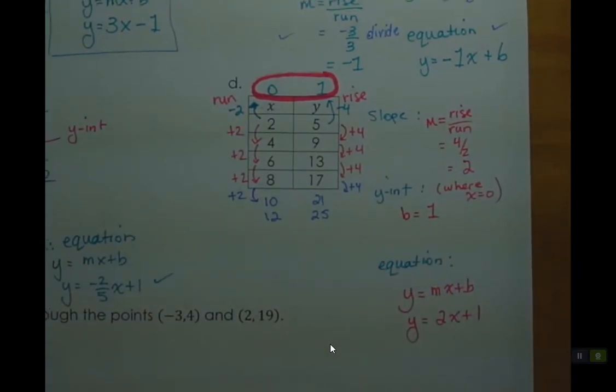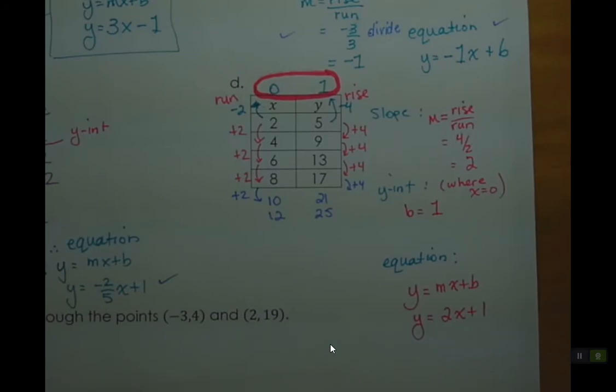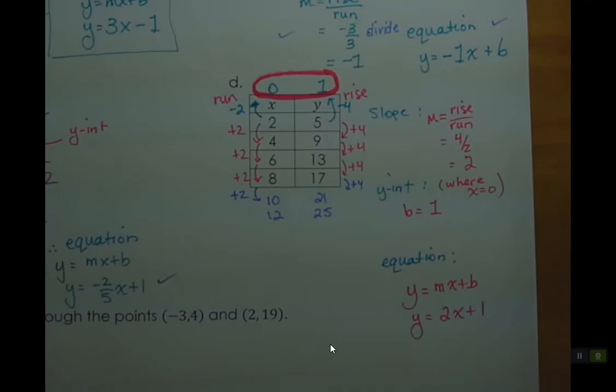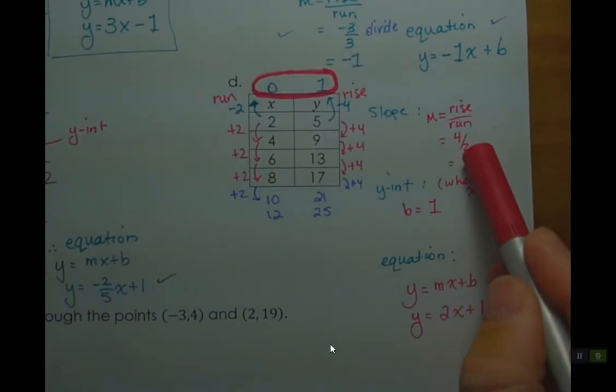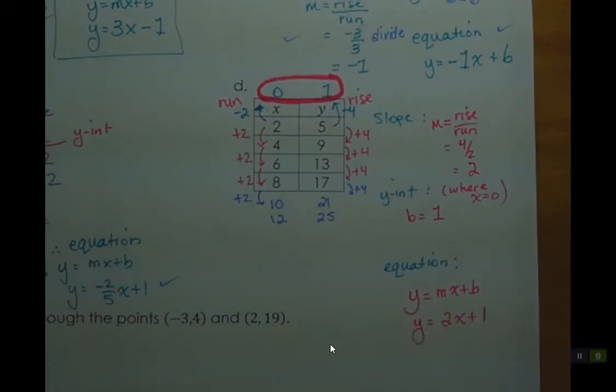It's my starting value. Start at 0. So sometimes we have to do a little bit of thinking, but that's okay. And by plugging in these two, I can get my answer. Plug in 2 for m, 1 for b. I can write my answer.